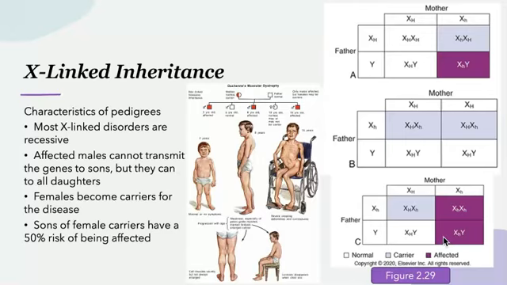All right, the characteristics of pedigrees: we'll see that most of these X-linked disorders are going to be recessive, and the affected males can't transmit the genes to their sons, but they can to all their daughters. And so the females are going to become carriers for the disease, and the sons of the female carriers have a 50% risk of being affected. We could see some of the Punnett squares here. Let's start with that. At the very top here, we see a Punnett square for a normal male and a female carrier. So this is an X-linked recessive gene. And over here, we can see the results of a normal female.